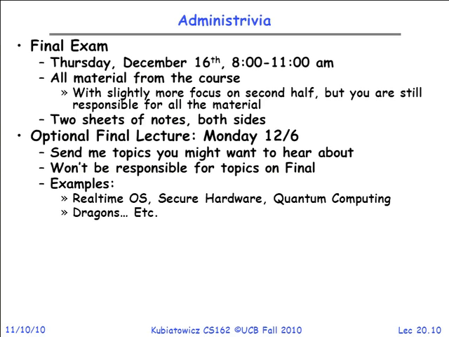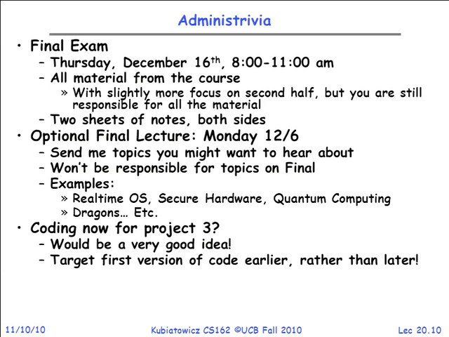Okay. You're all coding for project 3, right? This is a challenging project. I would say it'd be good to get going earlier rather than later. This one has some complex cases because the interaction between the clock algorithm and processes swapping in and out are sometimes tricky to debug.